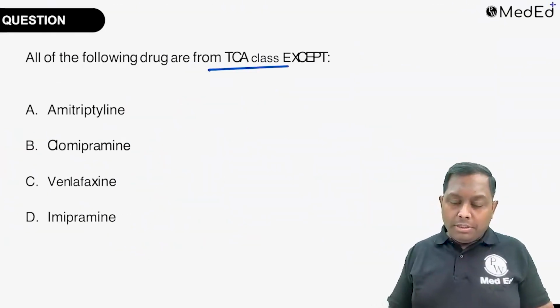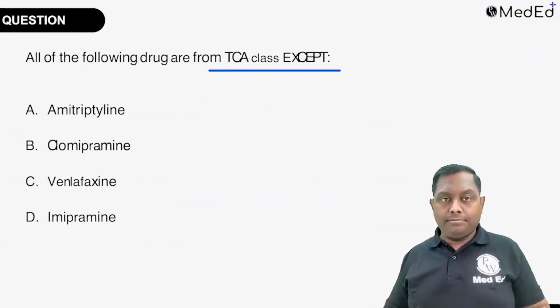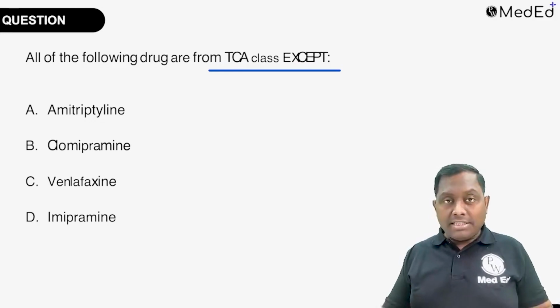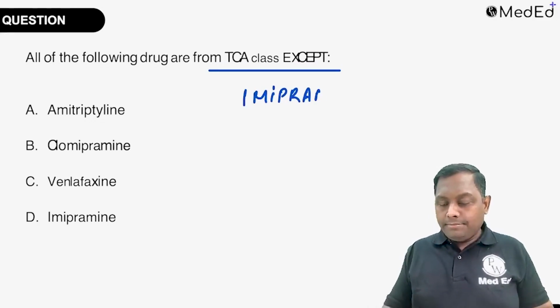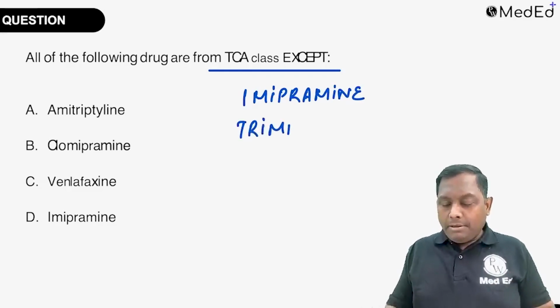All of the following are from TCA class except. So TCA मतलब ट्राईसाइक्लिक एंटी डिप्रेसेंट. We have drugs like your imipramine, trimipramine, desipramine, clomipramine, amitriptyline, and nortriptyline.